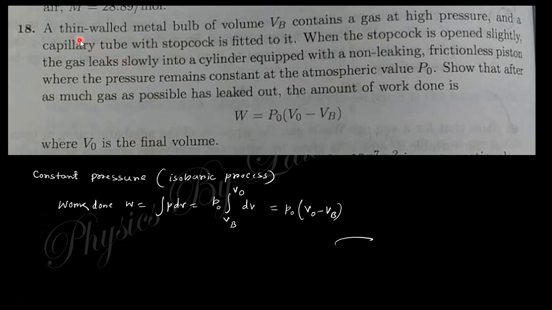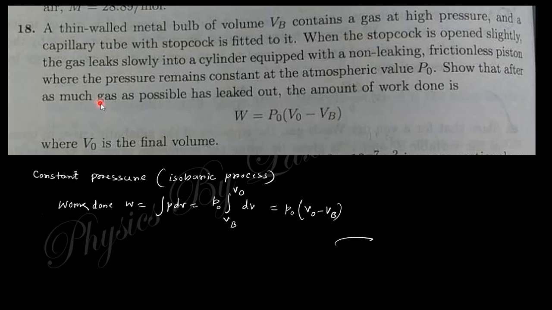Next question says a thin walled metal bulb, volume Vb, contains a gas at high pressure, and a capillary tube with a stopcock is fitted on it. When the stopcock is opened slightly, the gas leaks slowly into a cylinder with a non-leaking frictionless piston, where the pressure remains constant. So the whole process takes place at the constant pressure P0.